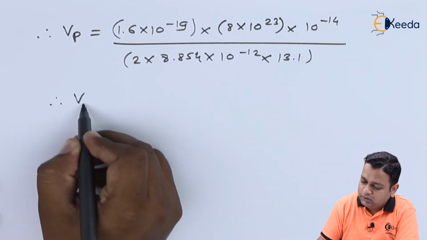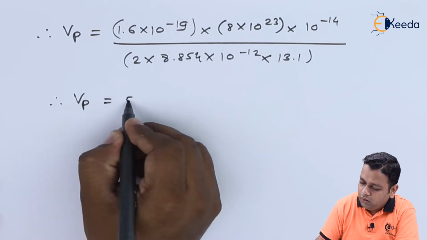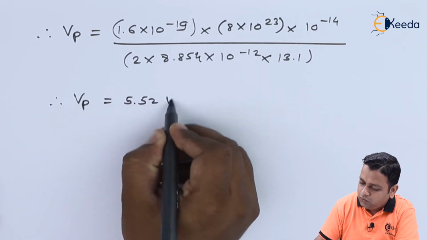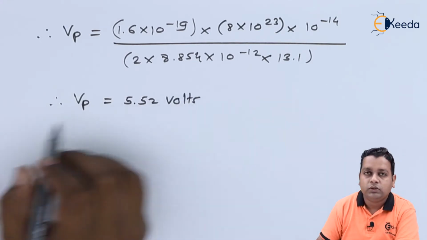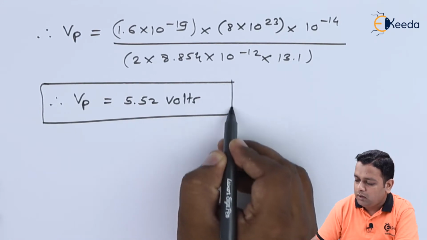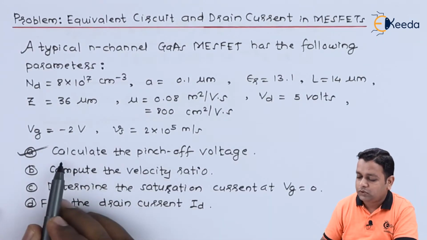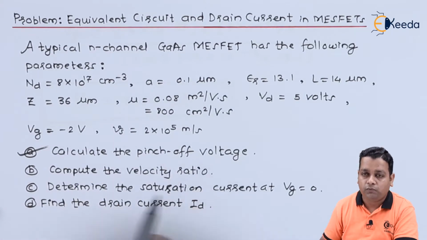This gives us the pinch off voltage value Vp equal to 5.52 volts. I underline this particular value as the answer for part A. So in part A, we are finished with the calculation for pinch off voltage.